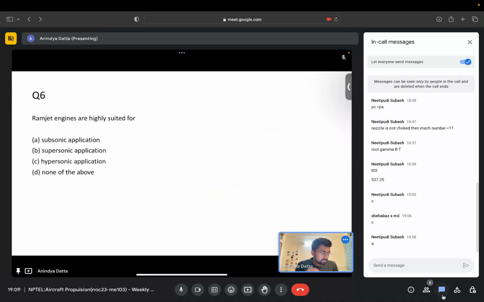All right. Question 6, now we have a few questions on ramjets. Ramjet engines are highly suited for: subsonic application, supersonic application, hypersonic application, option D none of the above.